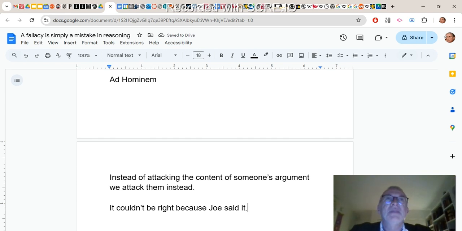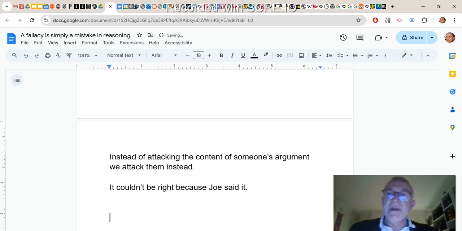Like if somebody that you generally dislike or think is just an idiot comes up with an argument, and instead of actually criticizing their argument and showing why it's a bad argument, you attack them instead. Ad hominem in Latin means to the man. So the fallacy is that you're attacking the person, but you're not actually attacking the substance of their argument.